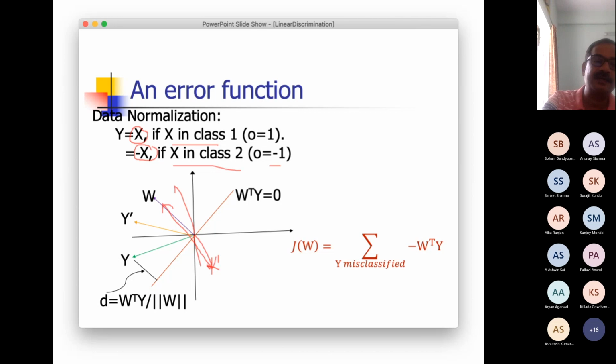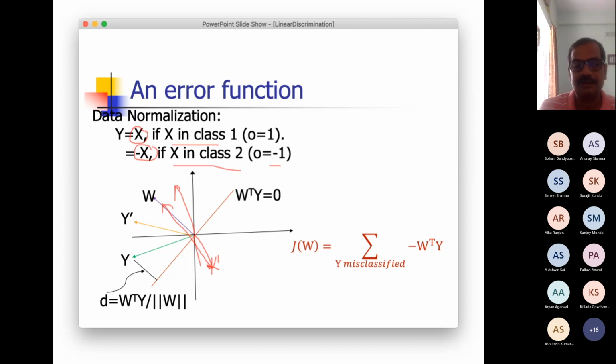If I negate it, the sample will come to the positive side of the hyperplane itself. So by doing this, you are simply finding out whether all these transformed samples are on the positive side of the hyperplane. If so, then they are all correctly labeled, and any sample which lies on the negative side is an error.